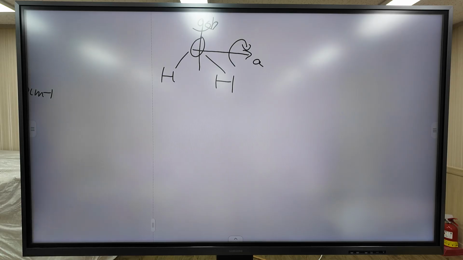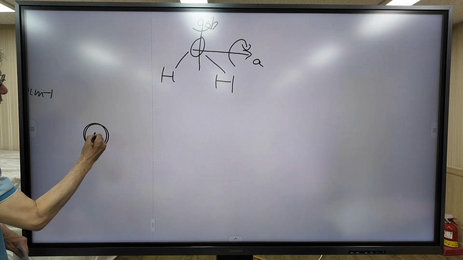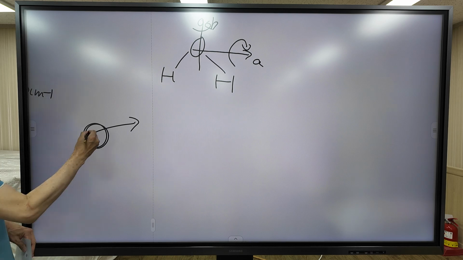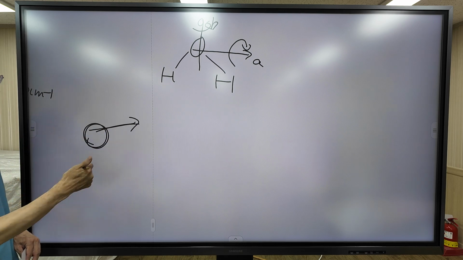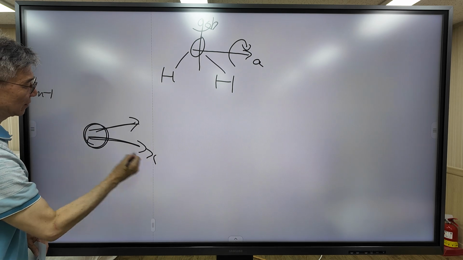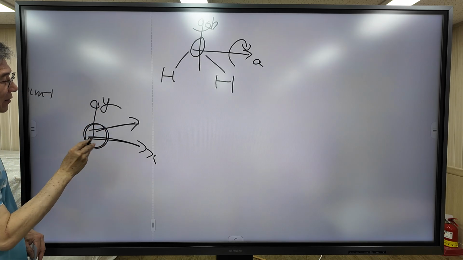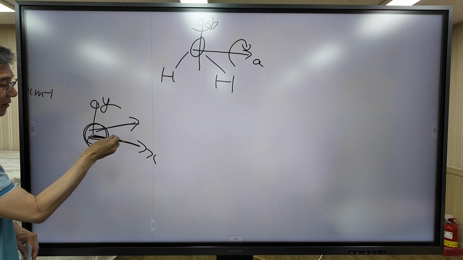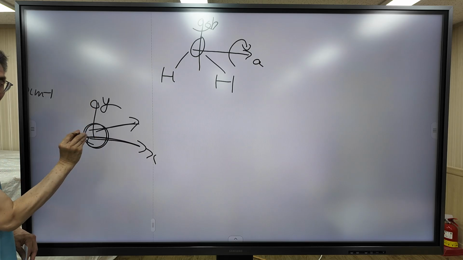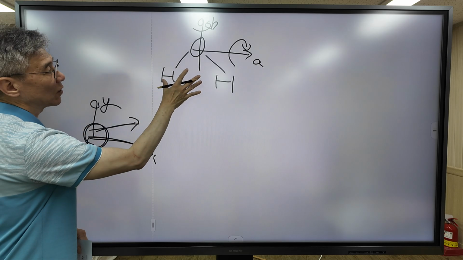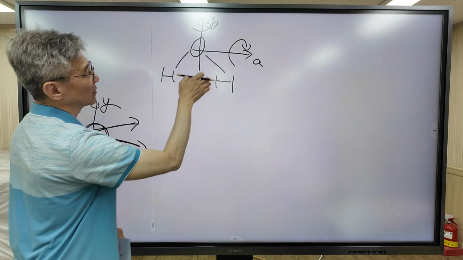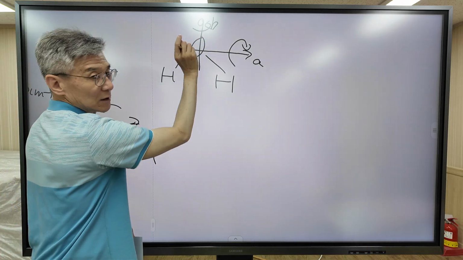It is just like that. When a particle moves in three-dimensional space, the linear motion can be described by three axes: x-axis, y-axis, and z-axis. Similarly, the rotation of a three-dimensional molecule can be described by three axes: a-axis, b-axis, c-axis.